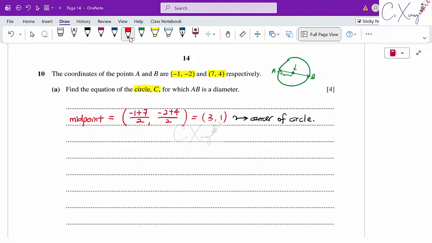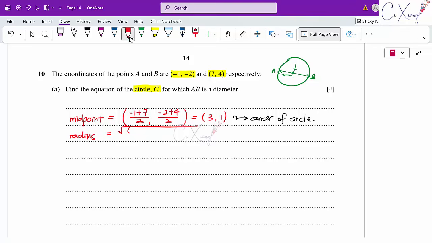And after that, I want to get the radius. To get the radius of the circle, like what I told you just now, there are two ways here. The first one is to find the length between point A to the center, or point B to the center. But for me, if I want to avoid some careless calculation, in case I get a careless answer in the midpoint, then I can still avoid using the wrong answer. So what I do here is I calculate the radius by using the original AB points. How to get the distance between AB?